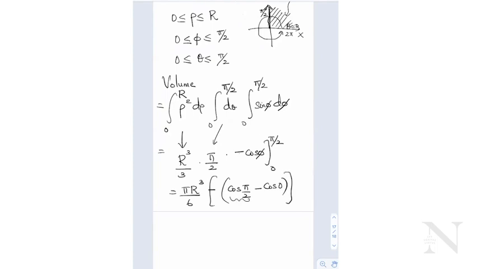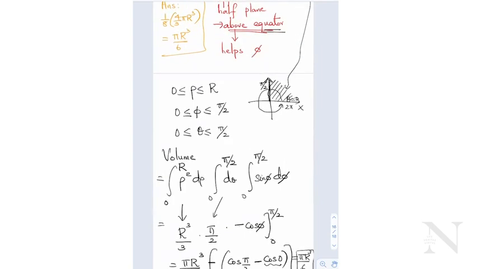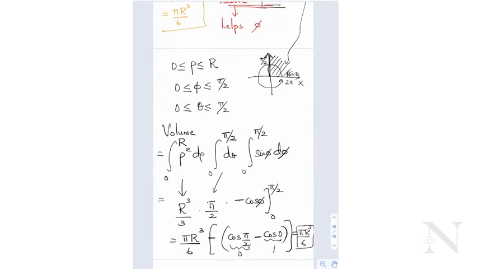Cosine pi over 2 is 0. Cosine 0 is 1. Negative times negative is positive. So that's pi r to the power of 3 over 6, which is what we expected, right? My claim was that it was going to give me 1/8 of the volume of a sphere, and that's what you get.